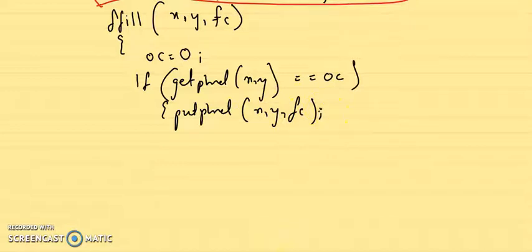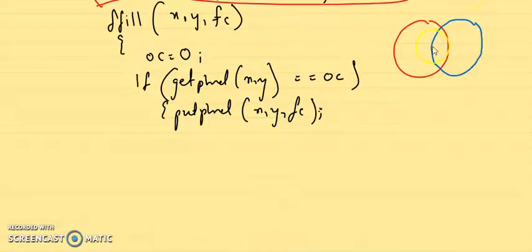So this is done. Now when I go to your diagram, it was something like this, and I pick up a seed pixel from here. So this is x comma y. Now what will happen? OC is black. Assume that my background is black.